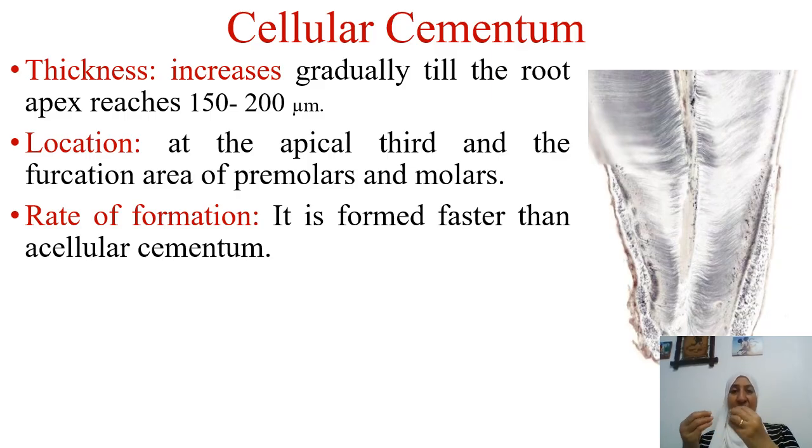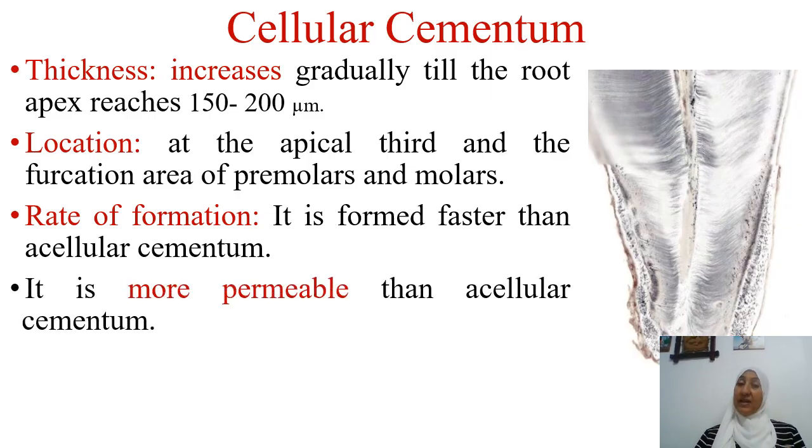Thus, the formation is at a slow rate, and the cells can keep themselves away from the formed matrix. While in cellular cementum, the formation is rapid, thus the cells could be entrapped inside the matrix, thus it's called cellular cementum.